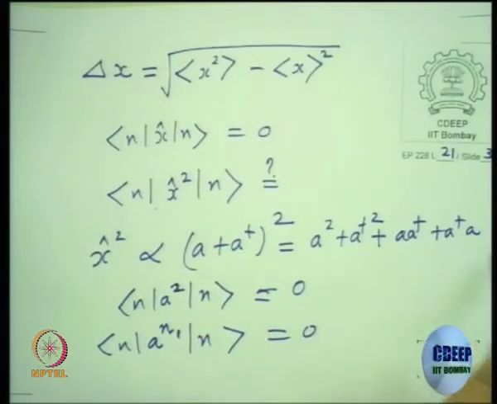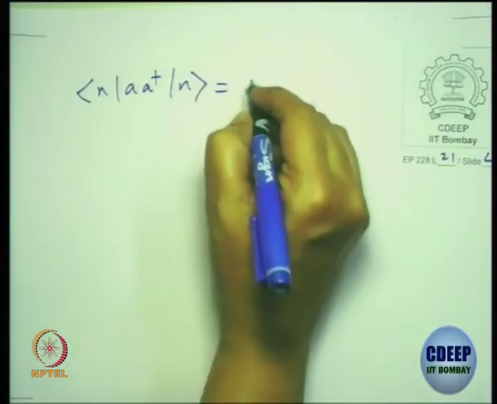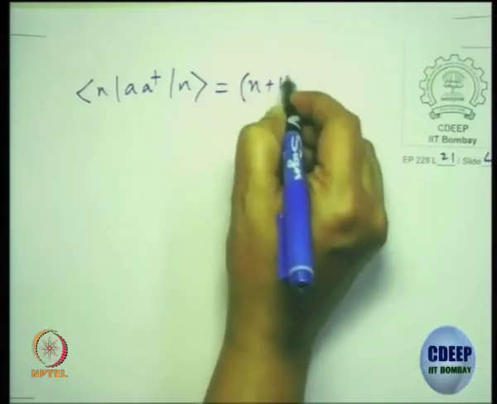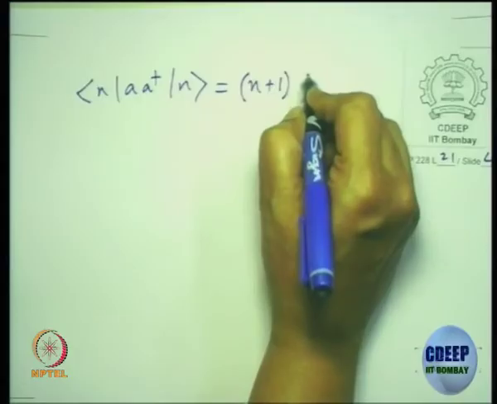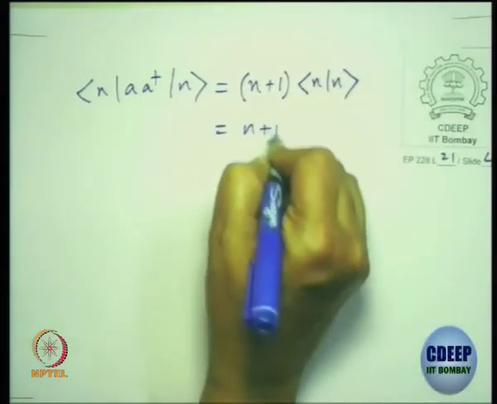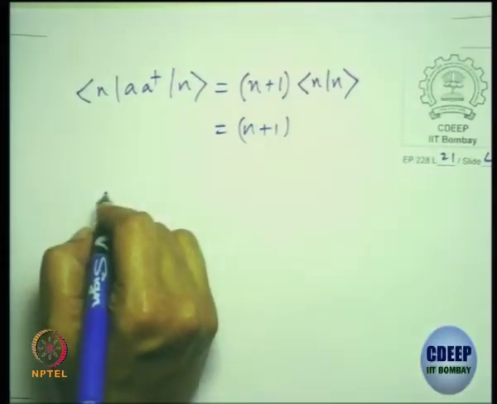Work out what is expectation value of x squared, which is nothing but expectation value of a a dagger plus a dagger a, up to the constants. a dagger on n is square root of n plus 1, n plus 1, correct?